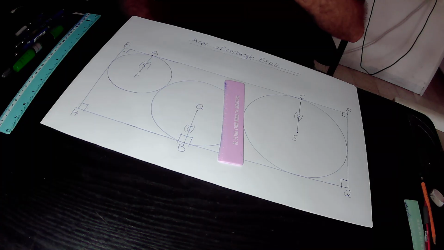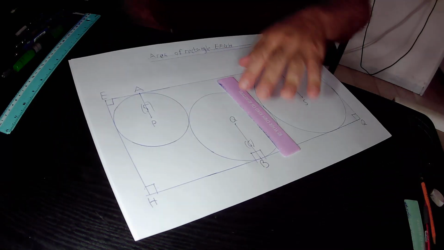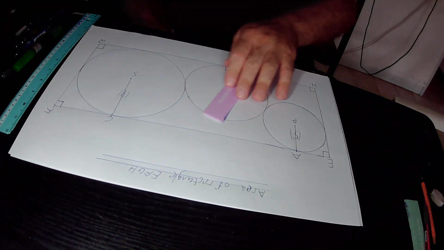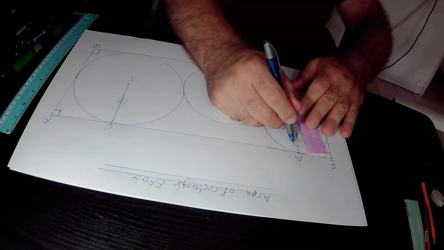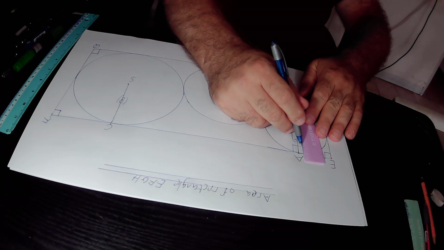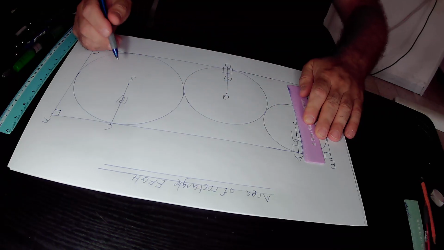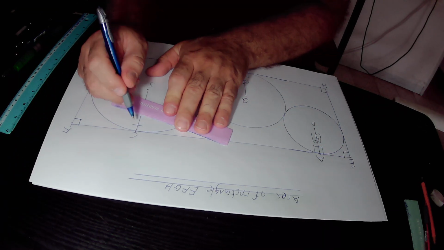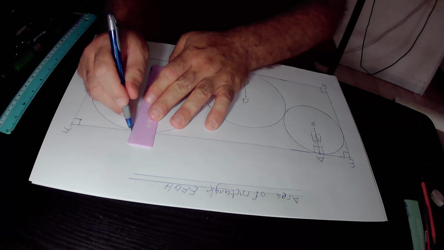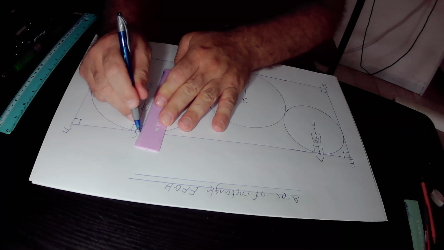So I'll not repeat the same explanation again. Here this angle equals 90 degrees, and this angle also equals 90 degrees according to the same rule 1. Likewise, this angle equals 90 degrees, and this angle also equals 90 degrees according to rule 1.